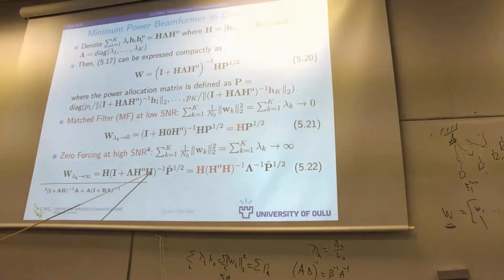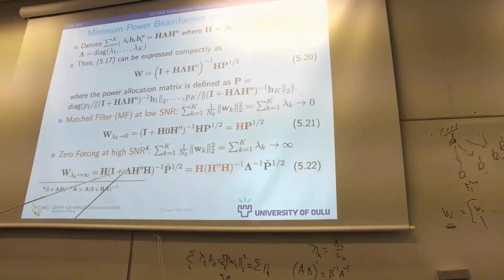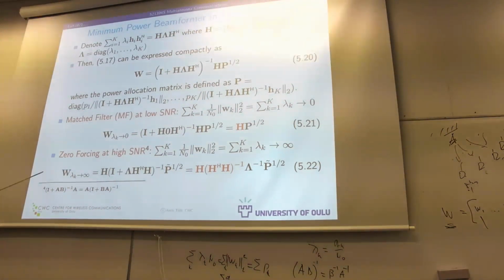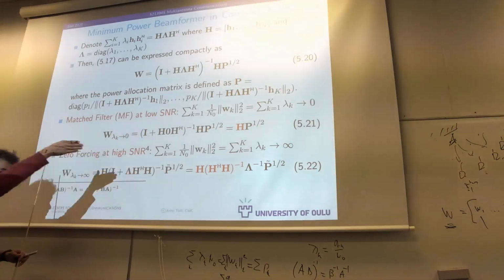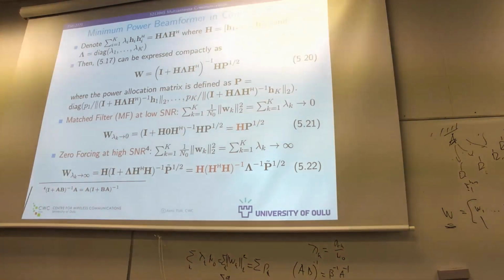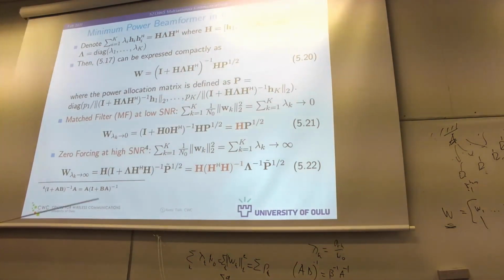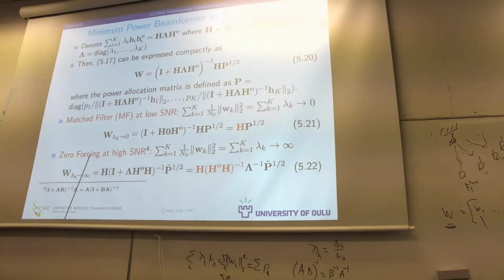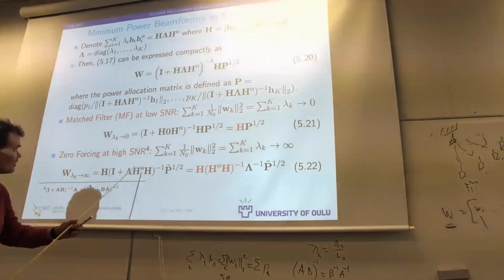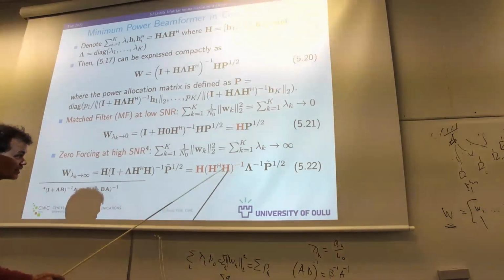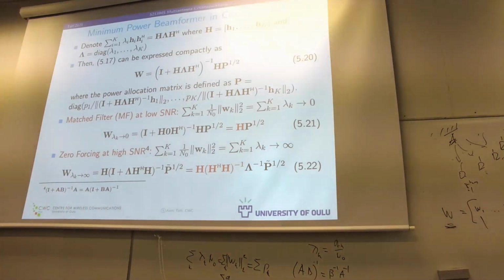And this is invertible because we assume that K is smaller or equal to N sub T. H is an N sub T times K matrix, and H Hermitian is K times N sub T. So this is a K by K matrix. So it's always invertible when K is smaller than N sub T and the HK are not linearly dependent. So we can take this lambda outside. This is the diagonal scaling here.